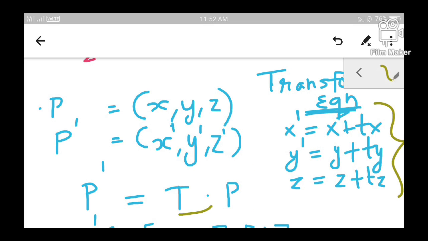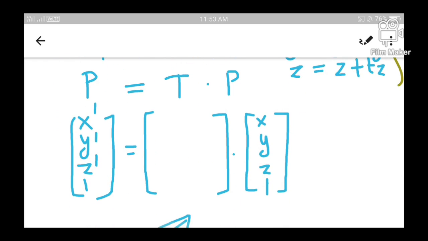When the initial point is translated, you will get the final point. So the assignment takes place from right to left. This is how the equation is represented. Now let us substitute the values of p dash, p and t.